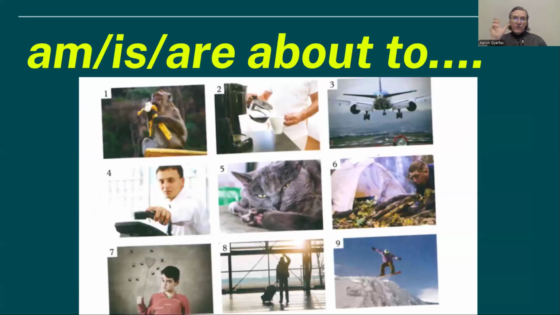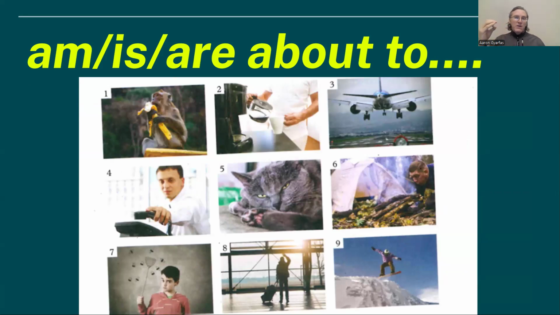So we use a form of the verb be. I am, he, she, or it is, you, they, or we are about to do something. So look at these 9 photos and make a sentence that would describe what is about to happen.